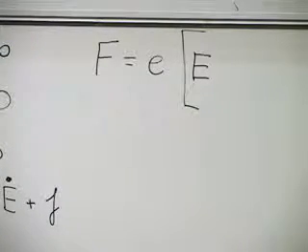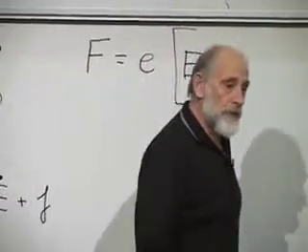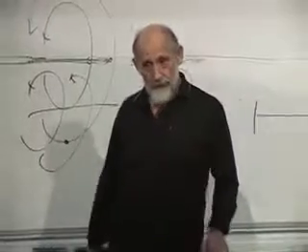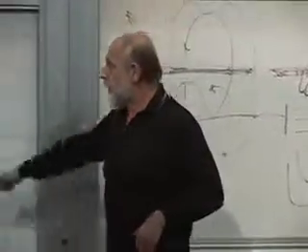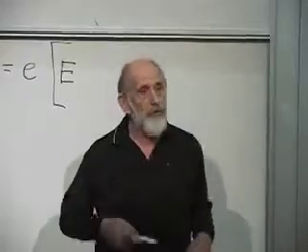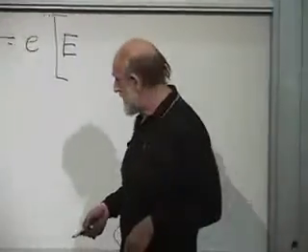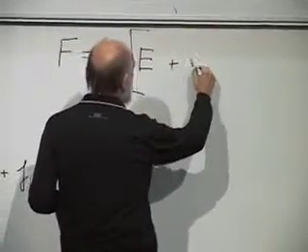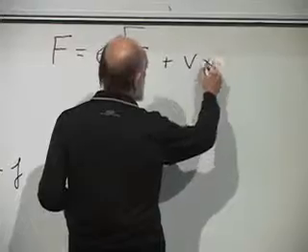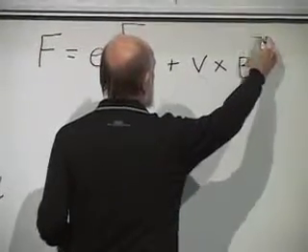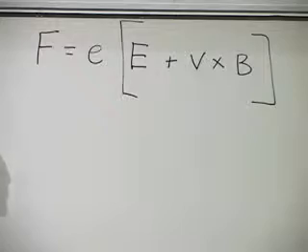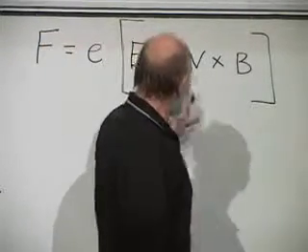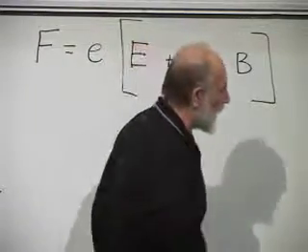Then there's another term which is absent unless the electron or the charge is moving. So for a stationary electric charge, this is all there is. Then there's a velocity-dependent force, and it's plus the velocity of the particle cross product with the magnetic field. So it's proportional to the product of velocity and magnetic field. It points in the direction perpendicular to both the velocity and the magnetic field.